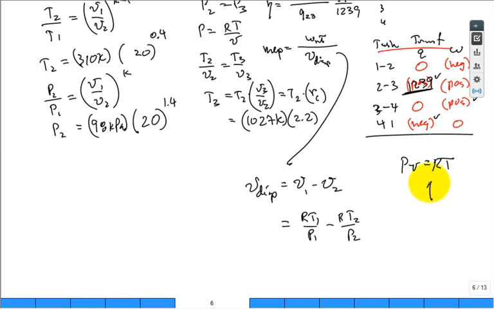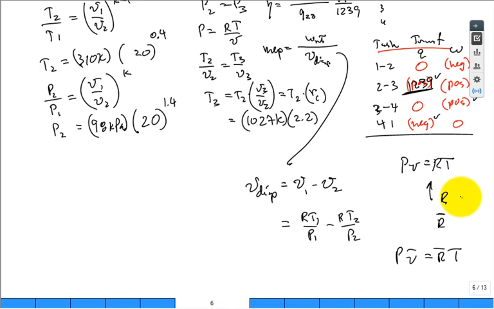Professor, is that R or R bar? Yeah, so you can put P v-bar is equal to R-bar T, or leave off the bars, and now it's how many meter cubed per kilogram of the gas of interest. Here it's air. And then R is the gas constant for that gas of interest.